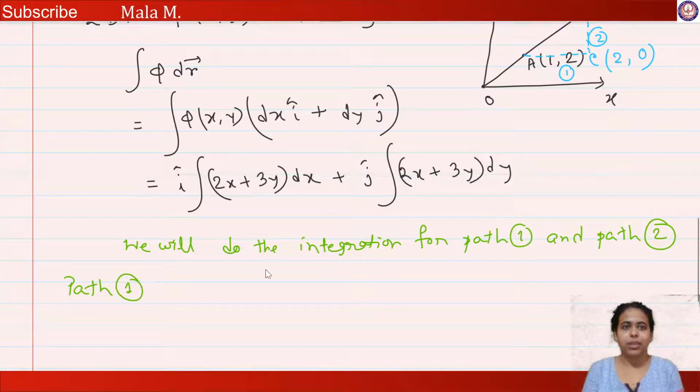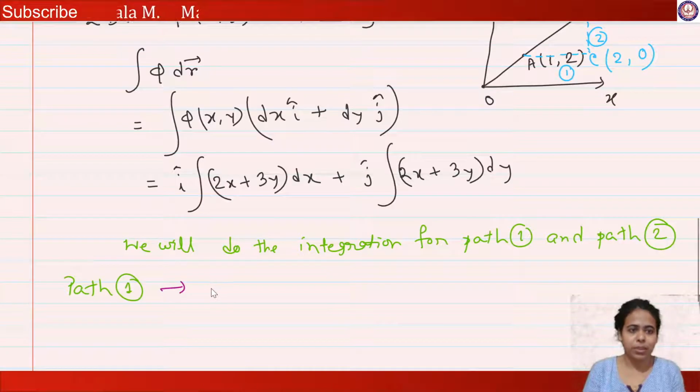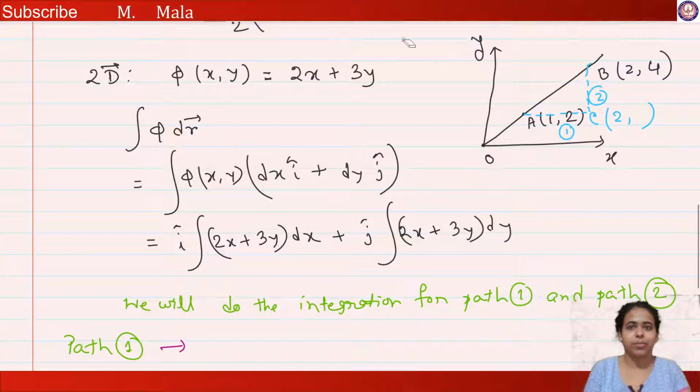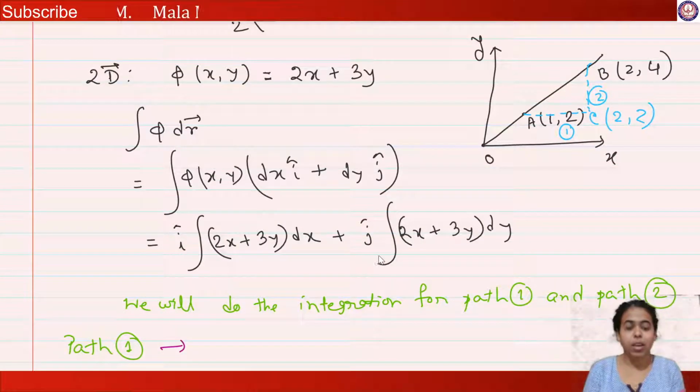What is our path 1? Sorry, I have written one thing wrong. This point is (2, 2). So what is our path 1?